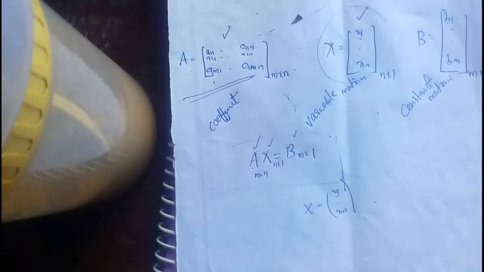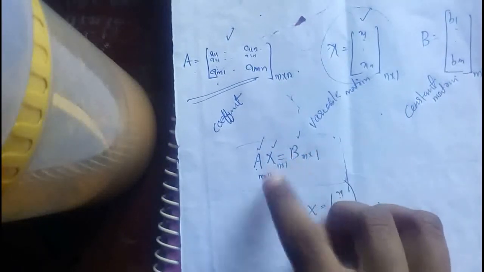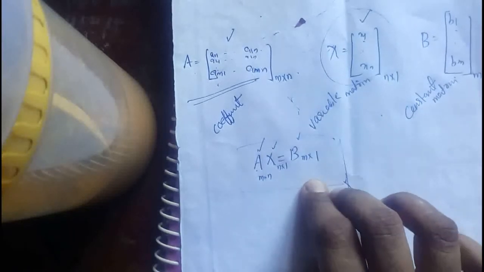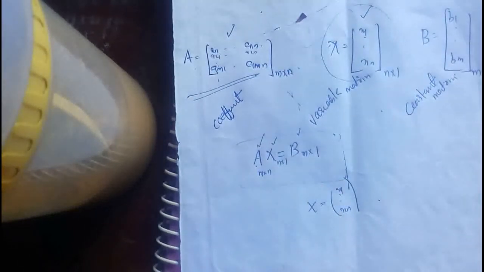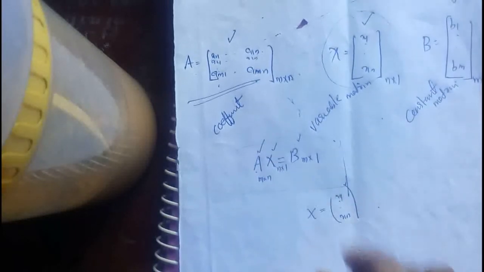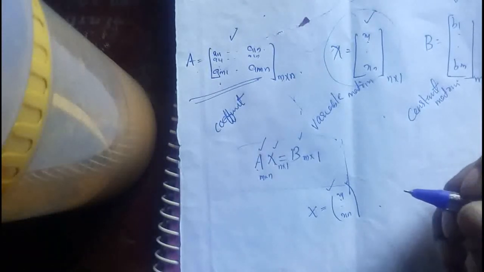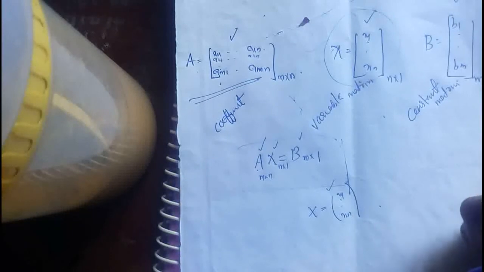Any vector x which satisfies the equation Ax equal to B is called a solution matrix. So X is a variable matrix, and we need to find those variables.